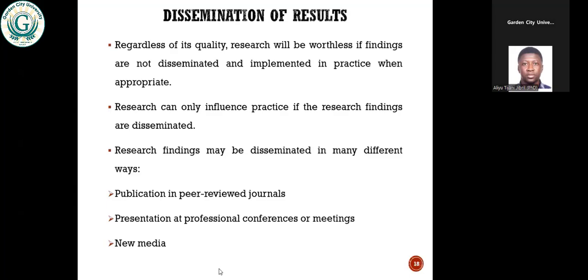But we also have what we call predatory journals. The predatory journals don't really care about the quality of your work. What they want is money from you. So they take the money and then publish your work, irrespective of how good the work is. Of course, the standard and high quality journals have their own criteria.